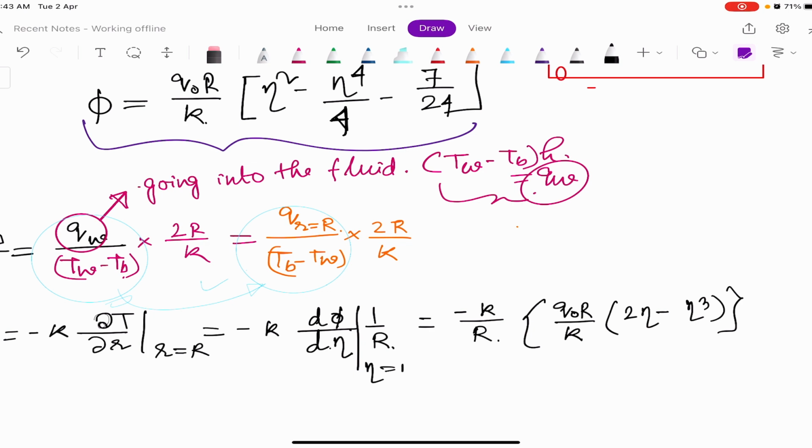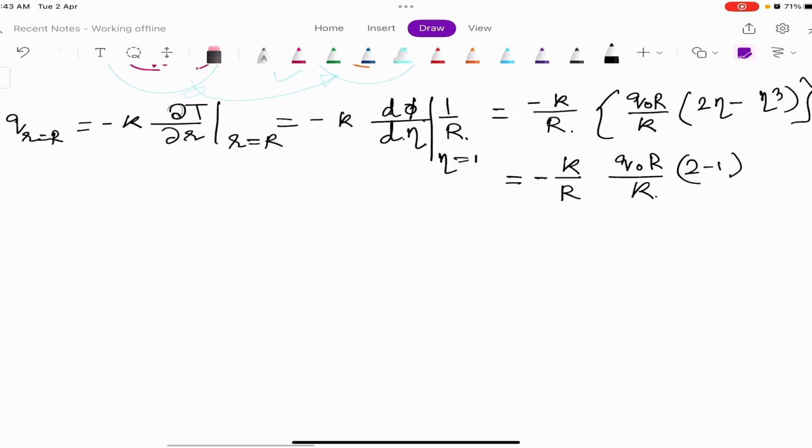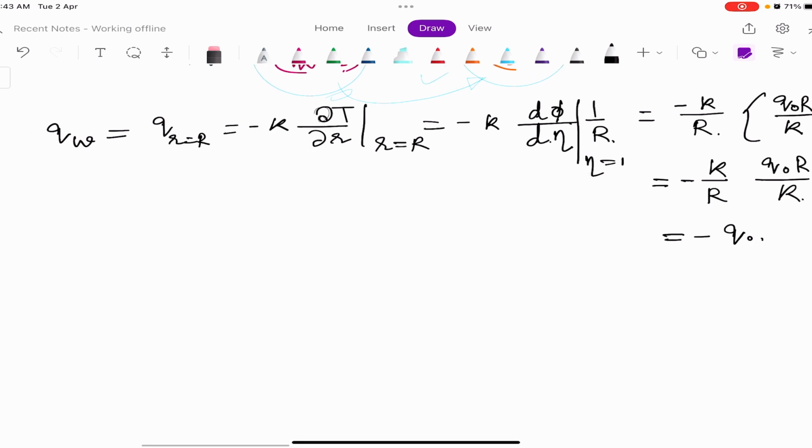So I have to put eta equal to 1, and this becomes minus k by R, q naught R by k into 2 minus 1, and that is minus q naught. So we already know that, that is q wall equal to minus q naught.